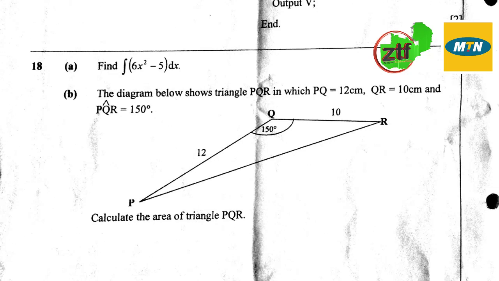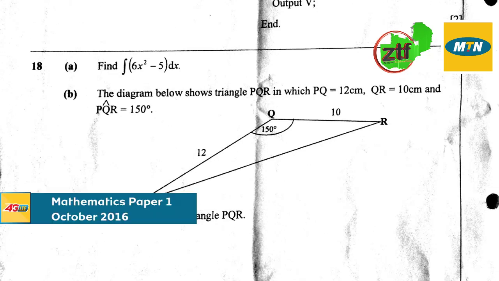So let's go back to our paper, which is 2016 Mathematics Paper 1, and look at question number 18. All right, our question number 18 has two parts, part A and part B. Part A of the question is: find the integral of 6x squared minus 5 dx.